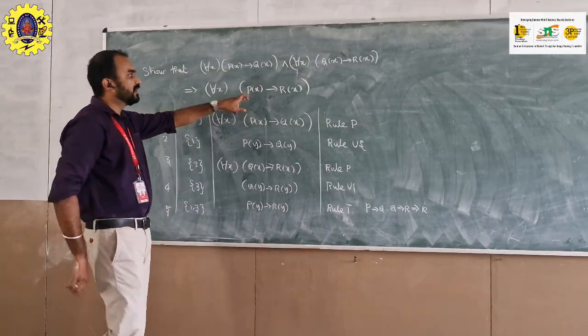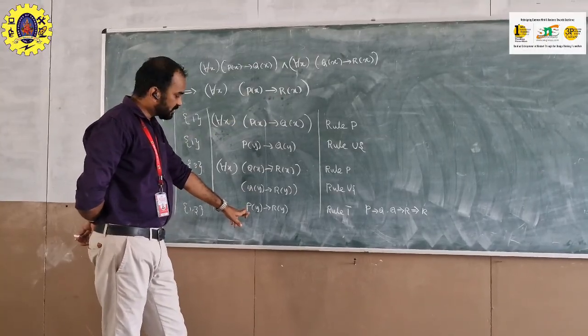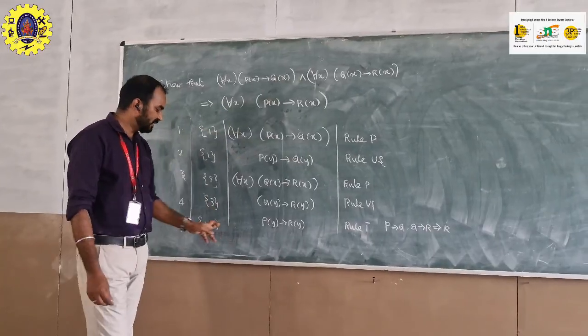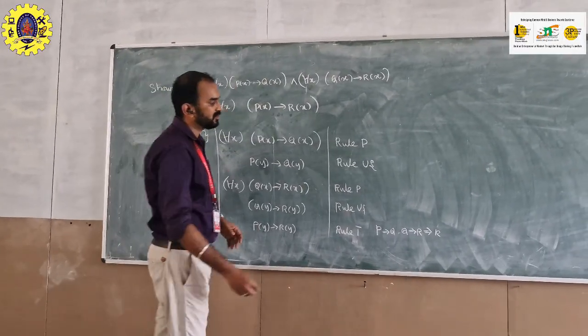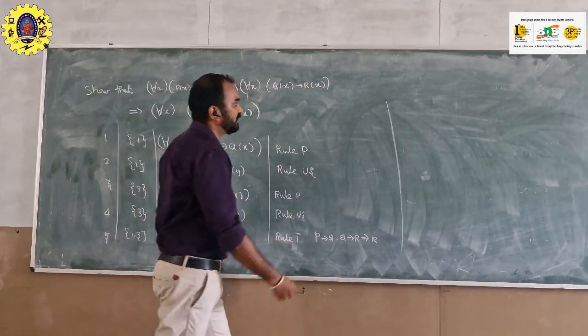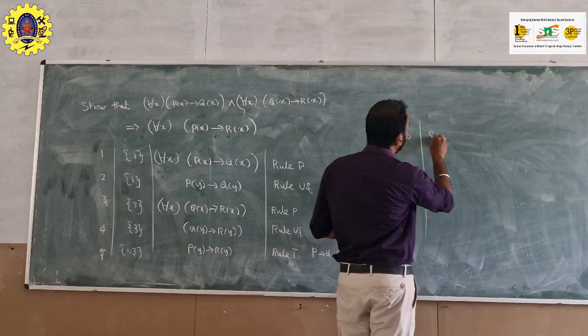See, our answer is P(x) → R(x). Our term is P(y) → R(y). Next we introduce for all x, so I use rule UG. This is step number 6, from step 5.